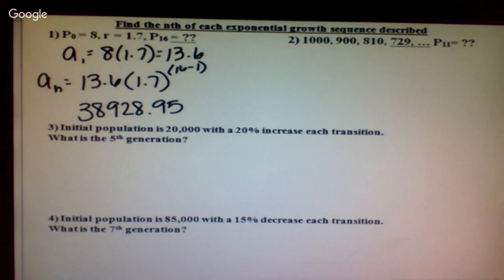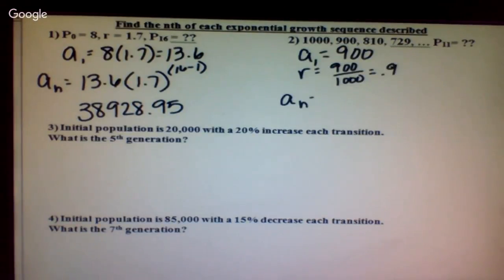Number 2. What is my A sub 1? 900. What is my R? 0.9. So A sub n equals 900 times 0.9 raised to the, this time we're trying to find the 11th, so 11 minus 1, or you can simply raise it to the 10th.